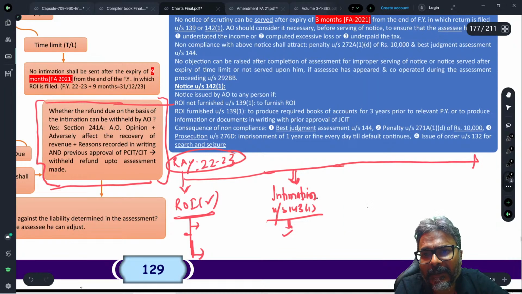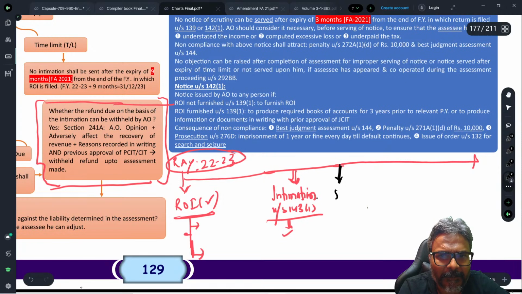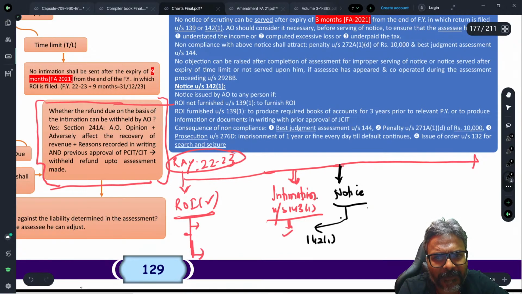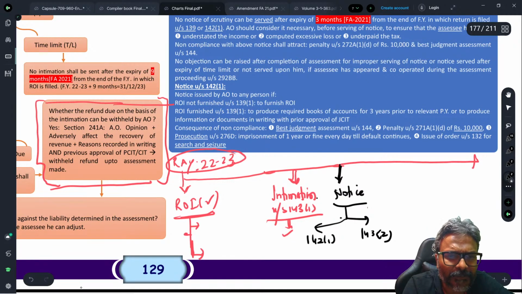Students, thereafter 5% of cases get the notices. The notice could be under the two sections which you are aware of: 142(1) or 143(2). This notice of 143(2), as you are aware, is a notice of scrutiny.